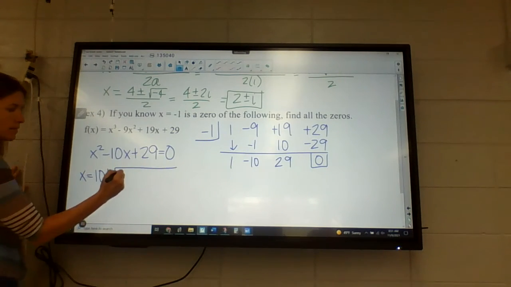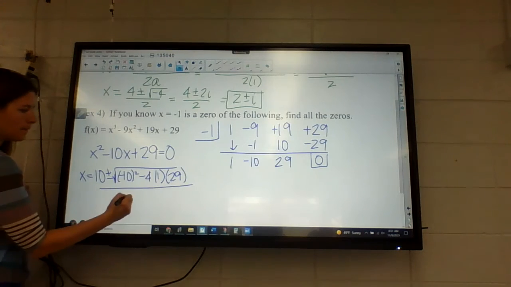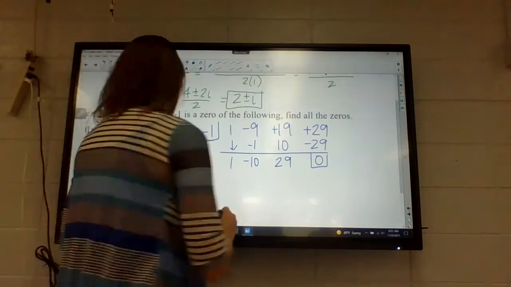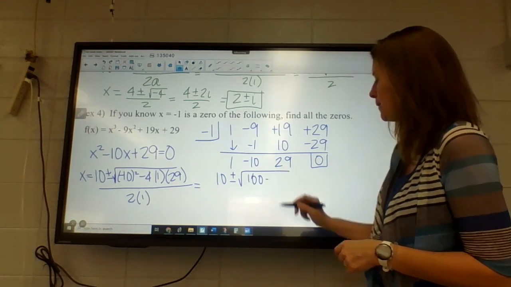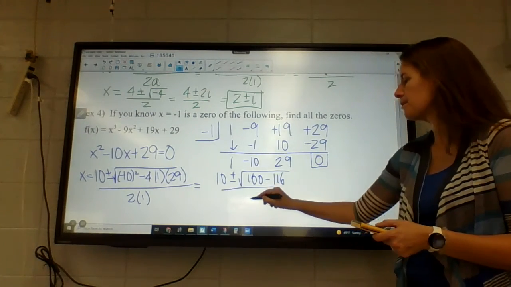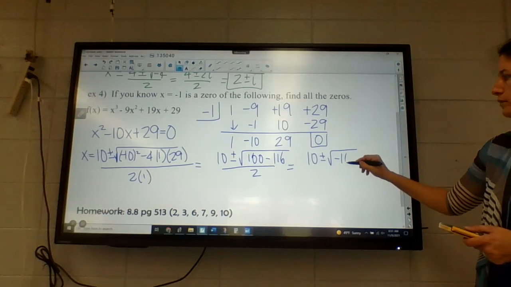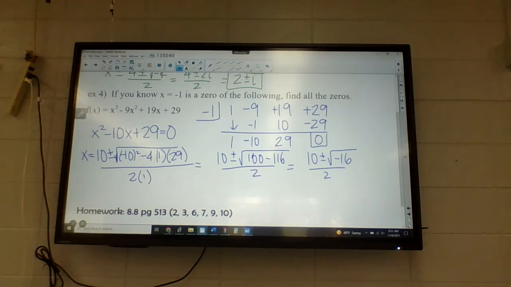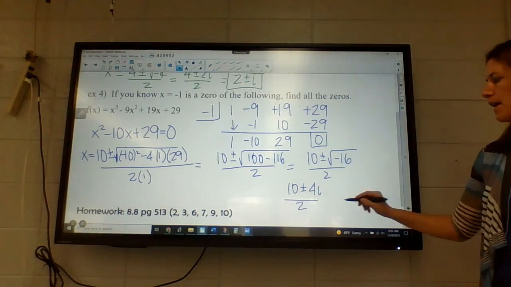So opposite of B, square root of -16, divide those each by 2.